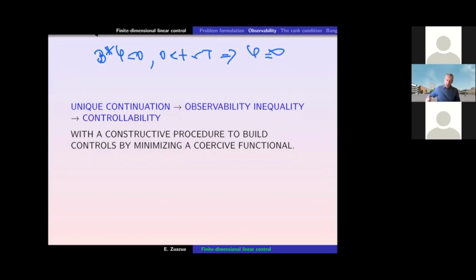Okay? And as I said before, this is not only an analytic way of analyzing the controllability property, but it gives you a constructive way of building the actual control. And this is precisely what you want when you are also in a context of data science or machine learning. It's not about, is there a neural network that does that and that?